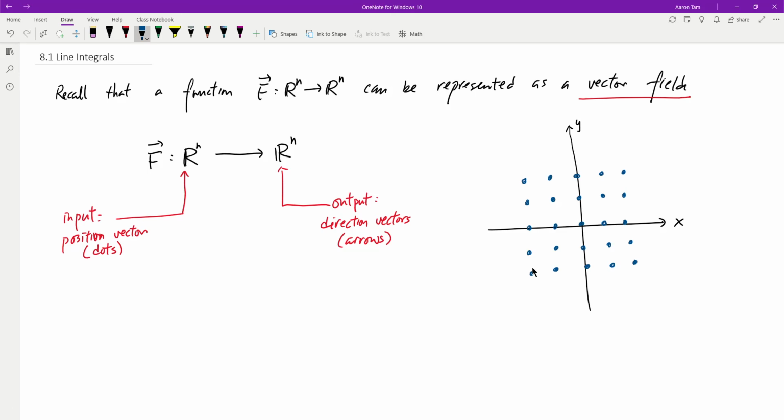Now I define the output, but not as a separate position, because then I would need to graph this picture in R4, and we don't know how to do that. Or we could separate this into two R2 pictures, one for the domain and one for the range, which also contains the image. But no, we are containing everything within one R2 graph, where we just use two different ways to represent the input and output. So the input would be this blue dot, and the output would be vectors that go like this.